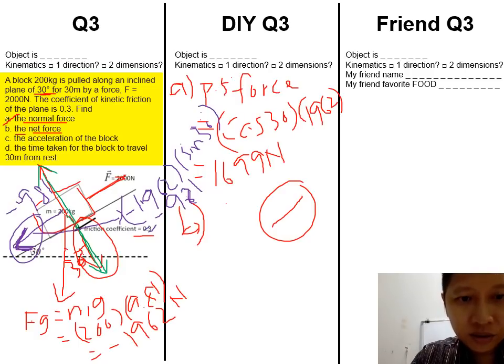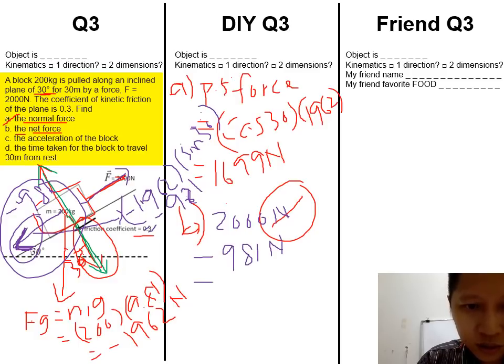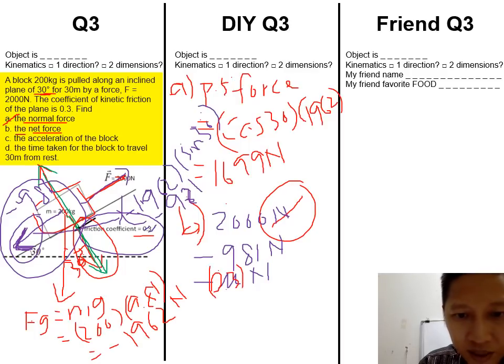To find the total force, it equals the force up there, 2000 Newton, minus the force by gravity. Also, we need to subtract the friction force. How to find the force there? Using the formula mu times N. So mu how much? 0.3. How about the N? N equals 1699.